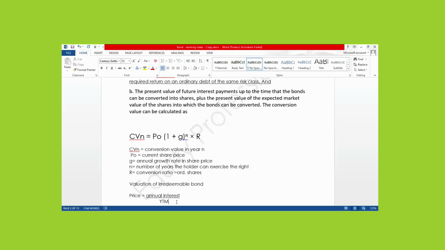How do we calculate the present value of a cash flow to infinity? You pick the cash flow. The cash flow is the annual interest. Annual interest cash flow divided by the yield.